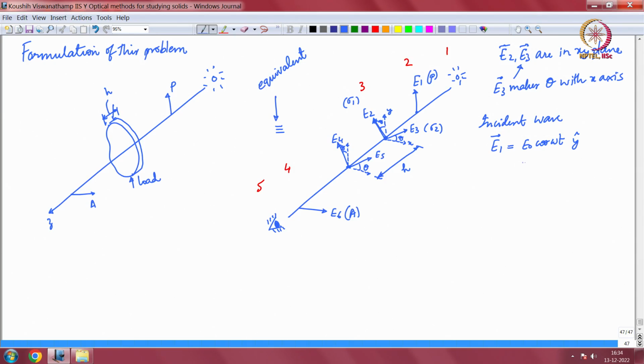So the component of E1 along E2 is E0 cos omega t cos theta, and along E3 is E0 cos omega t sin theta. You are only taking this incoming vector and resolving it along E2 and along E3. So you can write it as this times E2 bar and this times E3 bar.